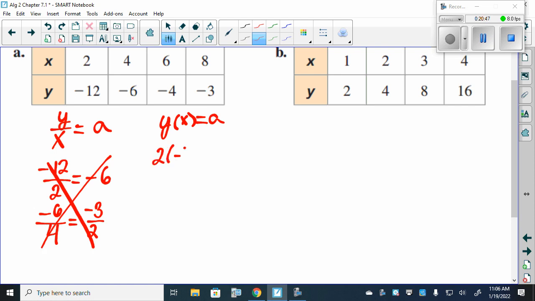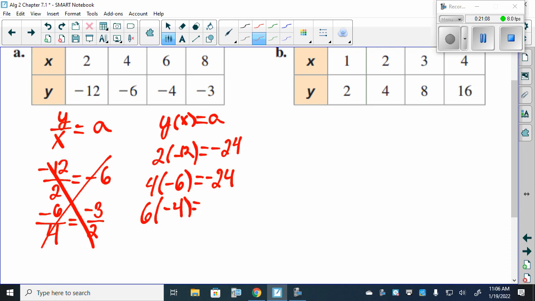Well, 2 times negative 12 is negative 24. Okay. 4 times negative 6 is, okay, that's kind of interesting. 6 times negative 4 is, and let's go on and try the last one. 8 times negative 3.